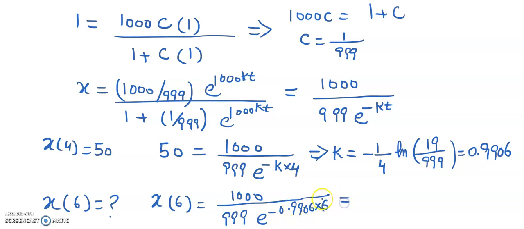So now you have to give some trouble to your calculator, and then you will see about 276. So there will be about 276 infections after 6 days.